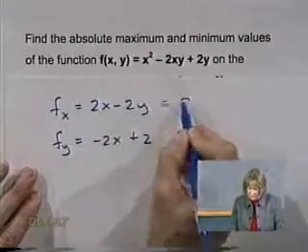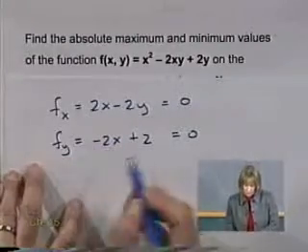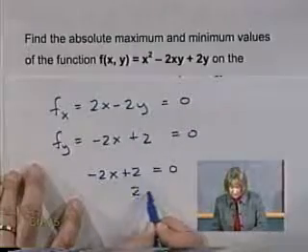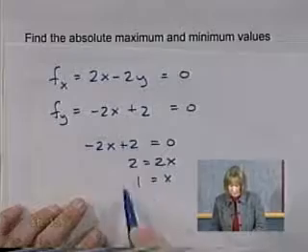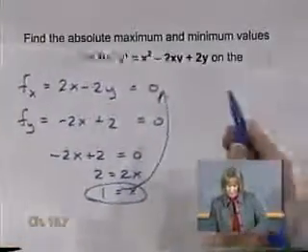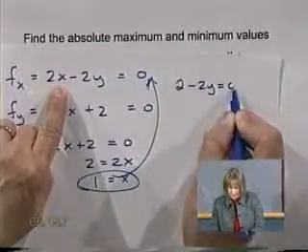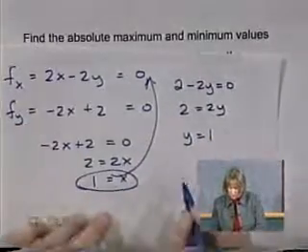Since both of these have to equal 0, the bottom one I can solve quite quickly, and I get 2 equals 2x, or x is 1. Knowing x is 1, I can plug it back into the top equation: 2 times 1 is 2, minus 2y is 0, or 2 equals 2y, or y is 1.